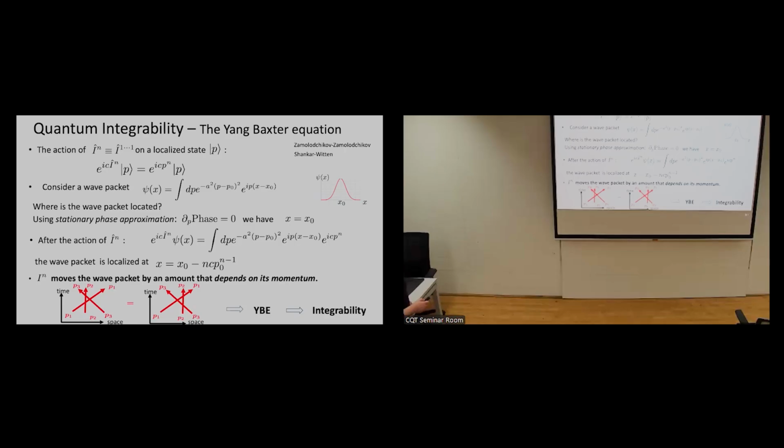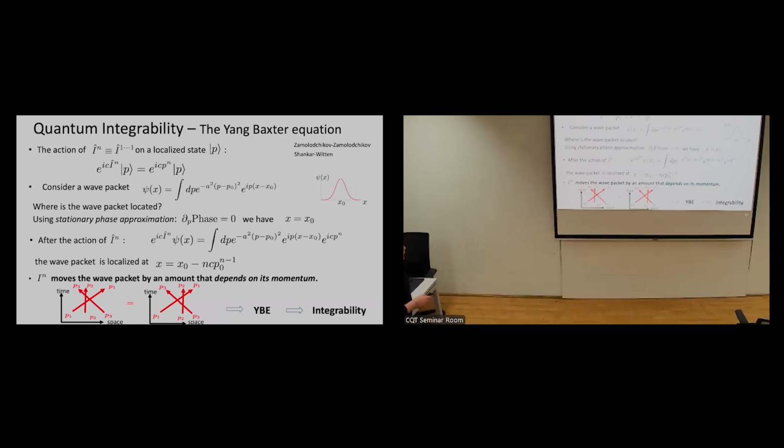Now, let me show how the Yang-Baxter relationship occurs. So what happens if I act with the nth order conservation law on a scattering state p? e to the iC to this power n will act and pull out this eigenvalue, exponential icp to the power n.